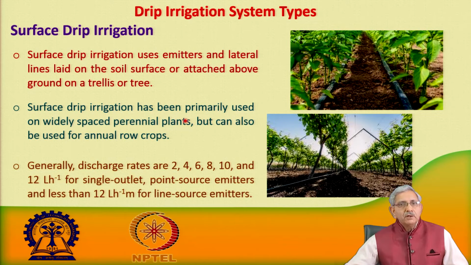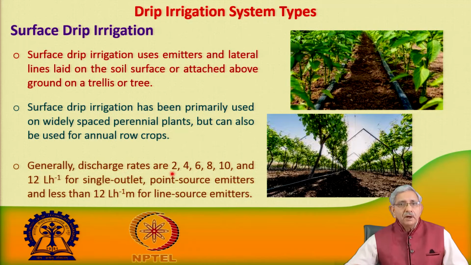Surface drip irrigation system has been primarily used for wide spacing crops, maybe perennial crops, say orchard crops. For that, surface drip system has been found most suitable, and maintenance also becomes easier.